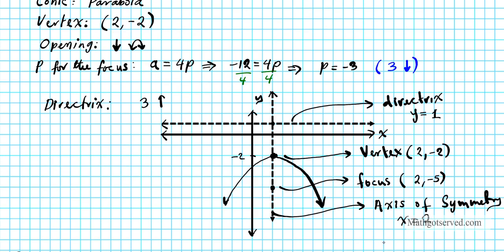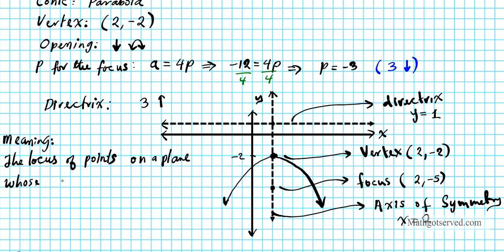All right, let's go ahead and write down the meaning for number 1. I kind of skipped that, so let's go ahead and write that in. So meaning, the locus of points on a plane whose distance from a fixed point. The fixed point is the focus, right?